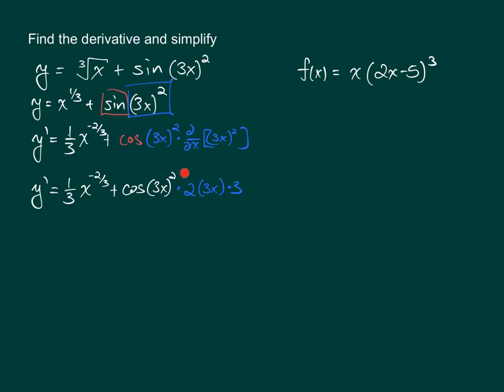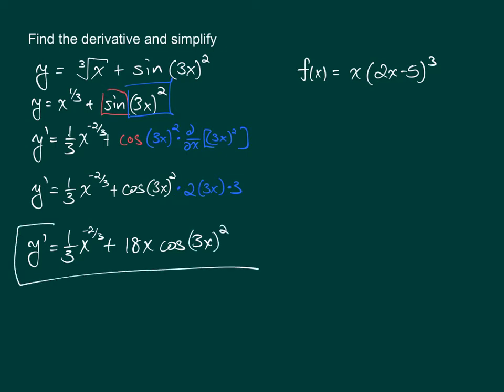So all of this last part here is 2 times 3 times 3 is 18 x's. I'm going to move all of that in front of the cosine, just to make it look nice. So we've got y prime equals 1/3 x to the negative 2/3 power plus 18x cosine 3x the quantity squared. There's the derivative for the first example.